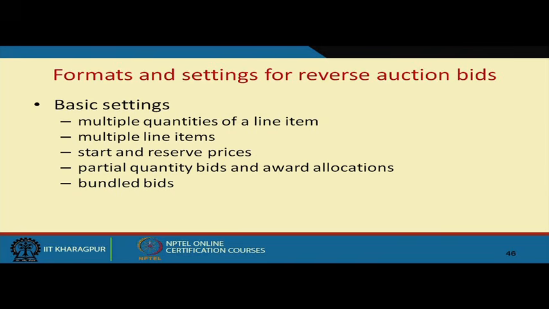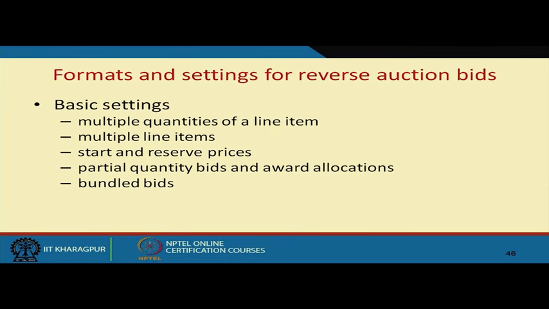Your software will be such that the bids can readily be customized to whatever the product or service may be. It should also support a wide range of RFX types, from simple RFIs to complex RFPs. The formats and settings for reverse auction bids can be very simple or very complex depending on the situation.